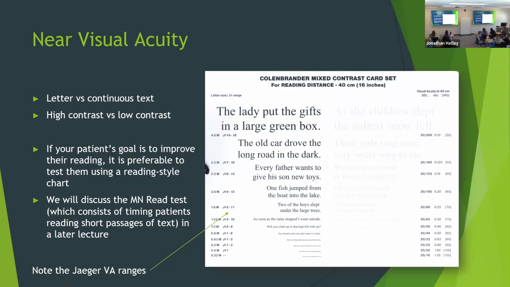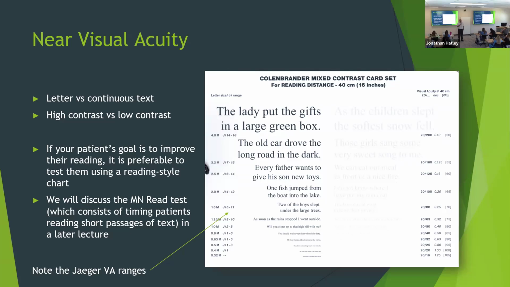Now, I probably mentioned this before, single letter acuities tend to do what to reading ability? They tend to overestimate or underestimate a patient's reading abilities. Overestimate, exactly right. I'm sorry for my poor phrasing of that question. When we look at single letters, we tend to have better acuities than we do whenever we're reading. And that's because of reasons we talked about last year.